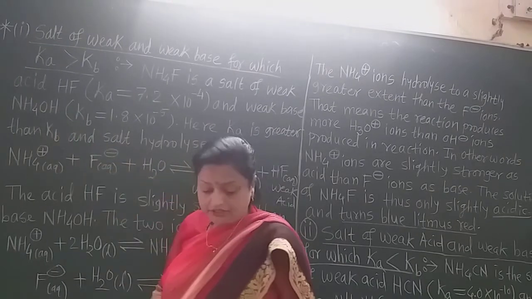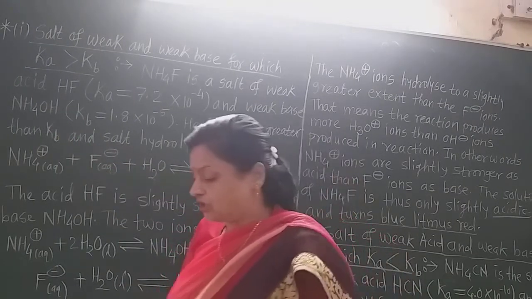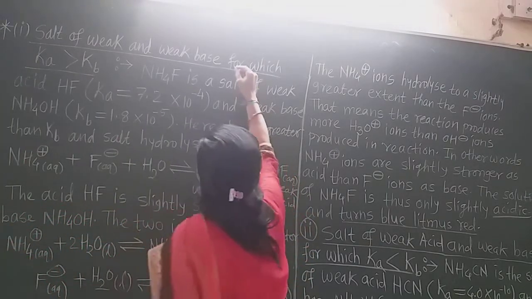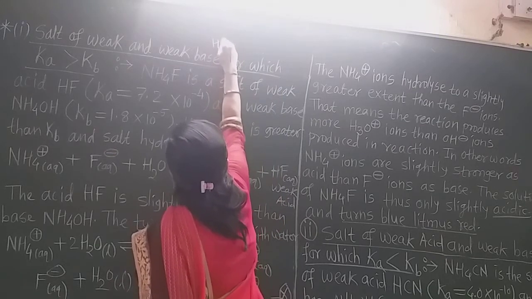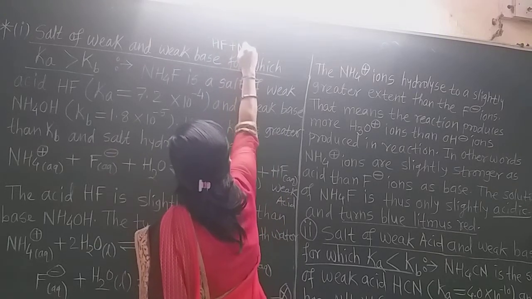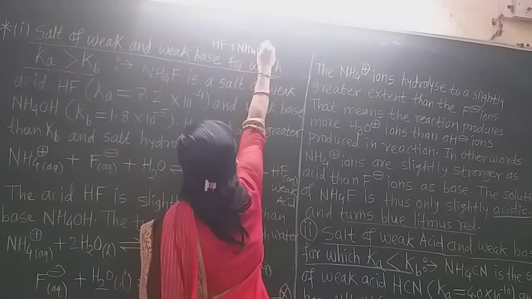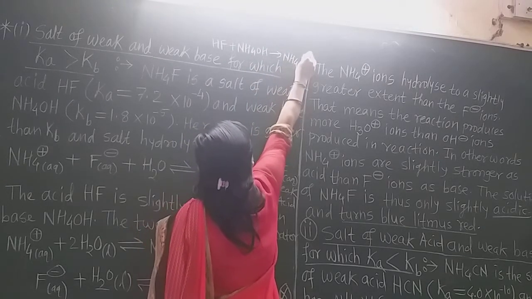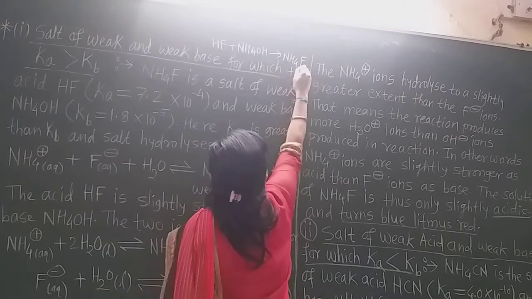Now we know that in the neutralization reaction of HF, that is hydrogen fluoride, and ammonium hydroxide, there is formation of salt and water in this way. HF plus NH4OH gives NH4F, the ammonium fluoride salt, and H2O.